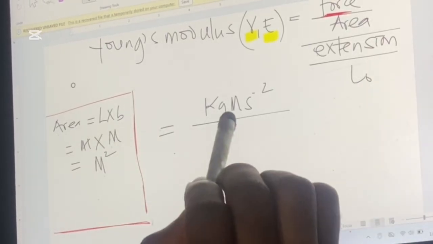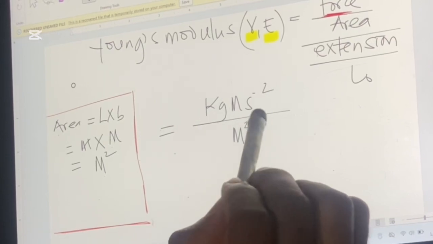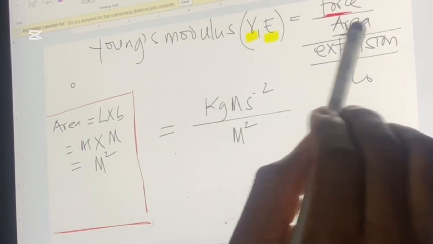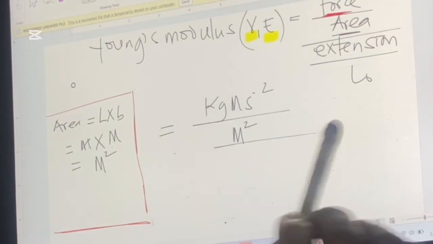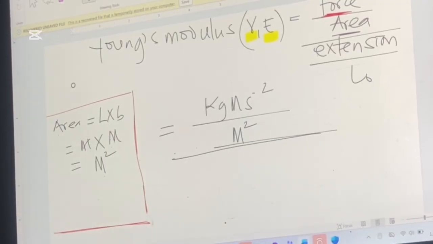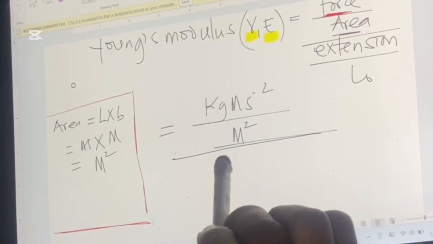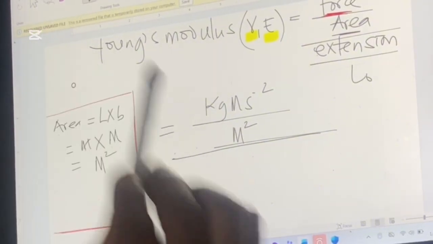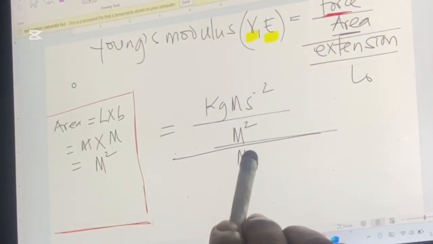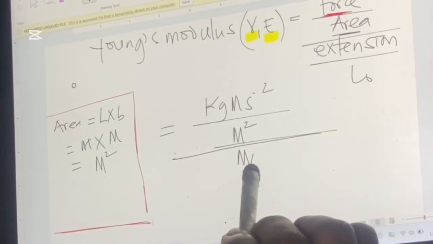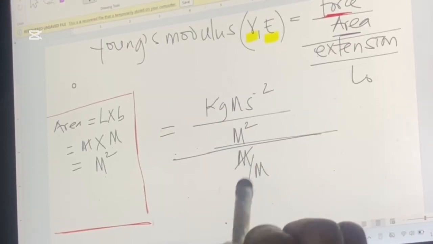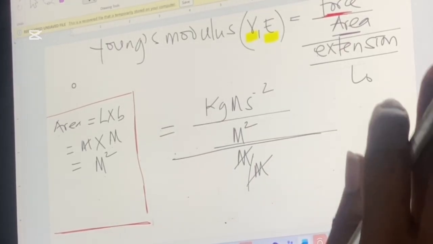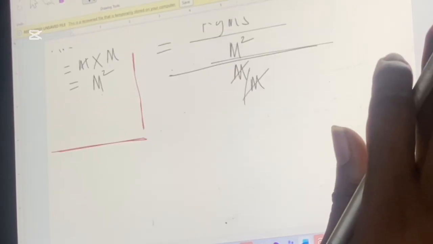So I have this as meter square. This is my area. So extension over extension. Extension is length. So this will be meter over original length is also length. So this will cancel this.